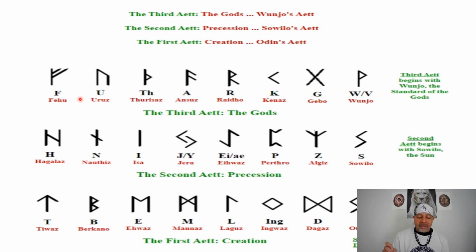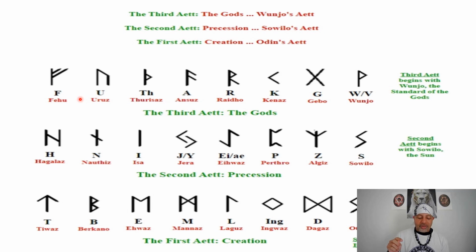However, the constellation of Pisces is to be found in the first Aett of creation, in the runic glyph of the gods, which was originally an ancient Egyptian hieroglyph of the Abdju fish. Pisces appearing in the first Aett of creation instead of the third Aett, the gods and constellations, indicates that the Futhark runes are a record of an astronomical event, the dawn of the age of Pisces, rather than creation in general.